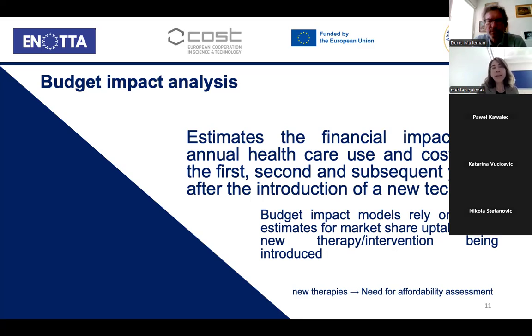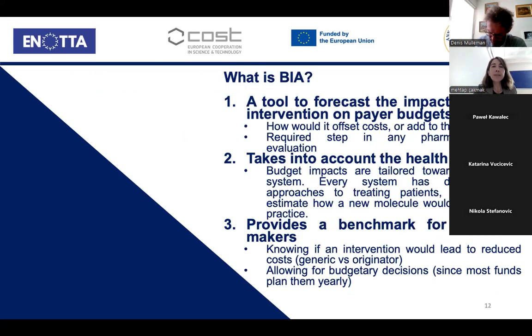So if we are coming across new therapies, every new therapy should be followed by budget impact analysis to support these informed decisions.